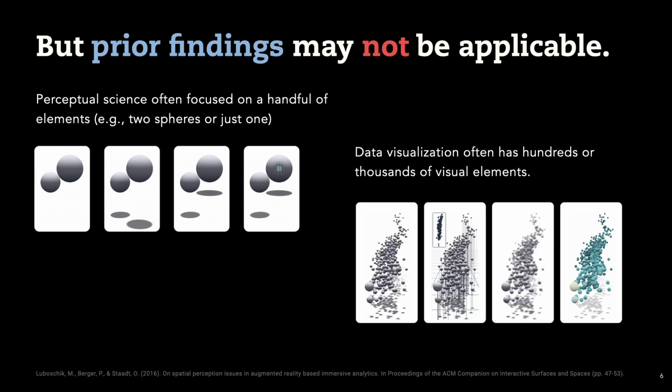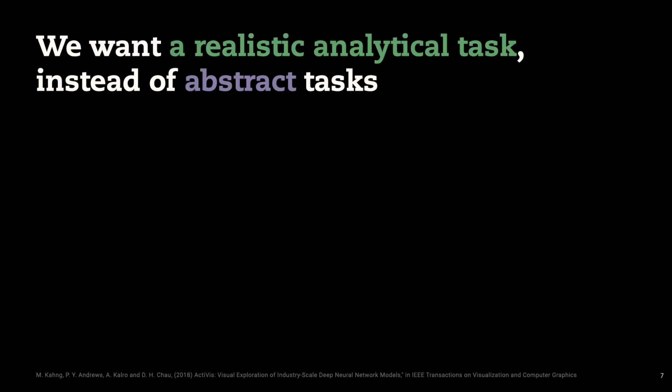For visualizations, we may have hundreds or even thousands of elements, where previous findings may not be applicable. Additionally, lots of perceptual psychology experiments use abstract low-level tasks, such as comparing two values. For us, we really want a realistic task to support visual analytics in the real world.